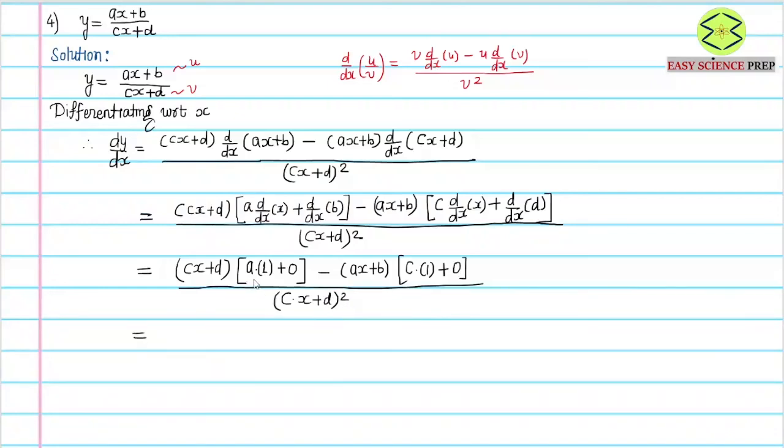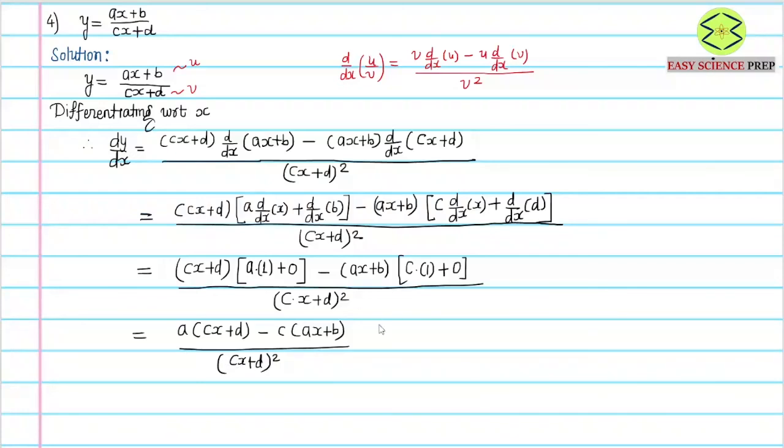You just need to simplify this. a into 1 is a, c into 1 is c, so a comes outside, cx plus d, minus c comes outside, ax plus b, whole divided by cx plus d, the whole square.